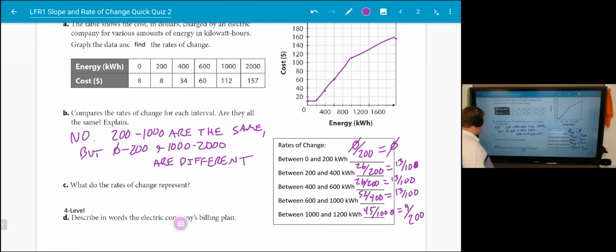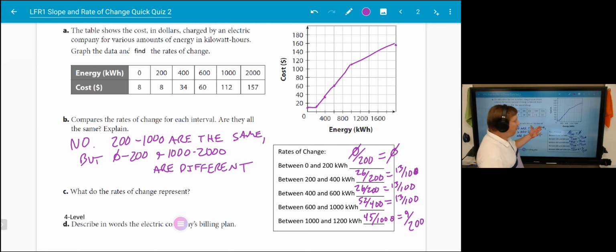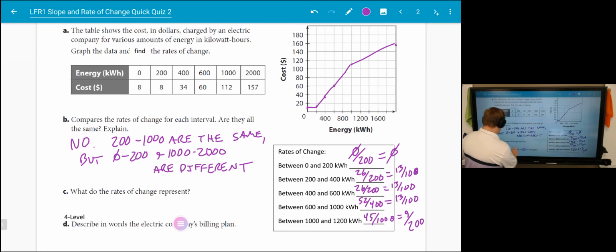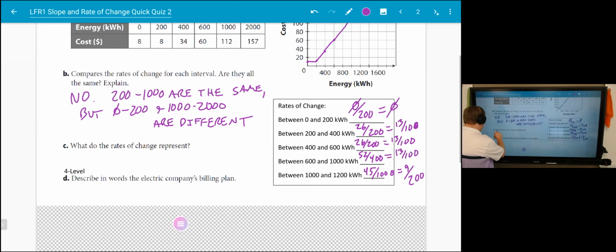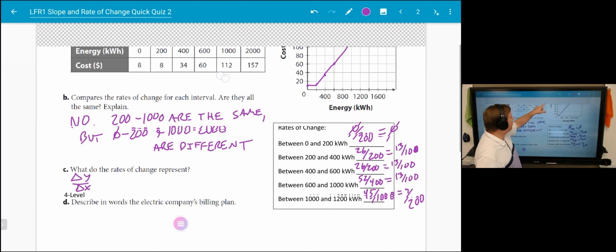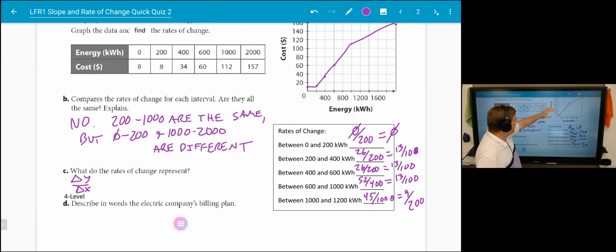Okay. What do the rates of change represent? Well, rates of change are the change in y divided by the change in x. So change in y, that's delta y, delta x. The change in y represents a change in cost. The change in x represents a change in energy.